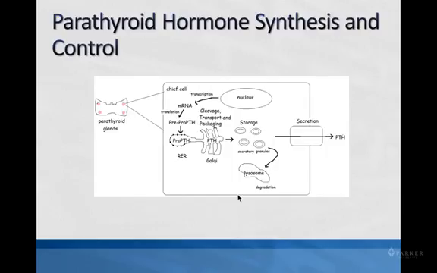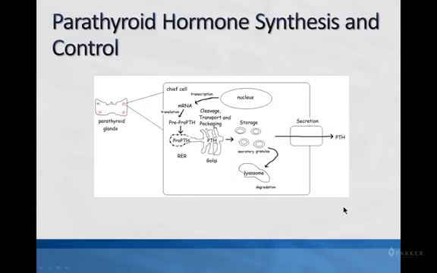If blood calcium levels are too low, they're going to sense that, send the information into the cell, and tell the cell to start producing more parathyroid hormone. So low blood calcium, and to emphasize again, it's the low extracellular fluid levels of calcium, and of that, it's the ionized calcium. If that is low, you start producing more parathyroid hormone.